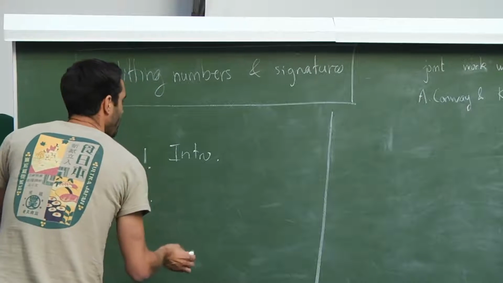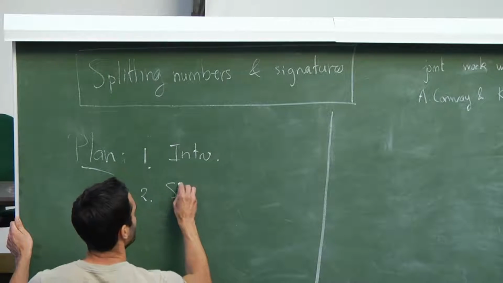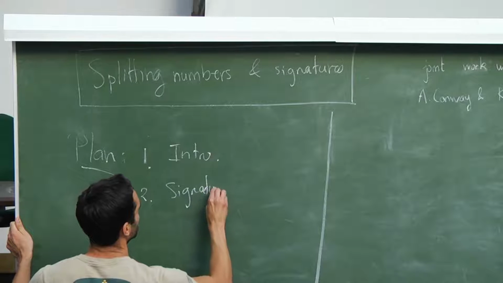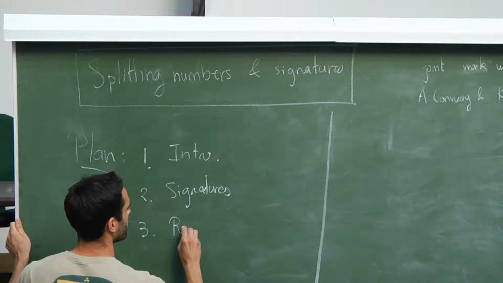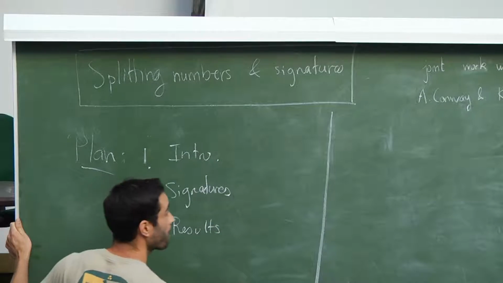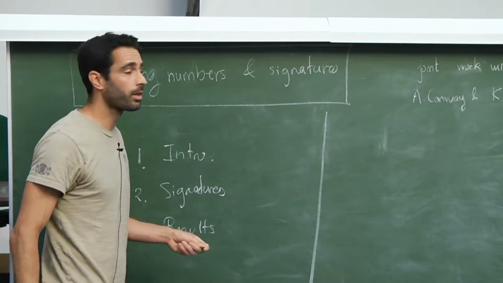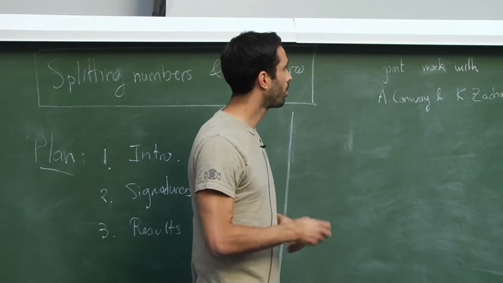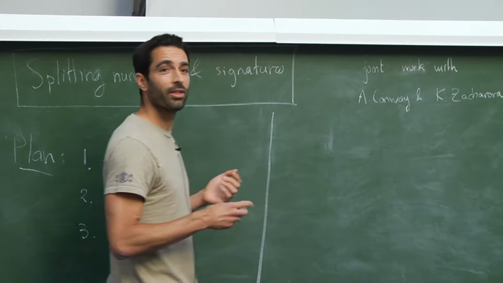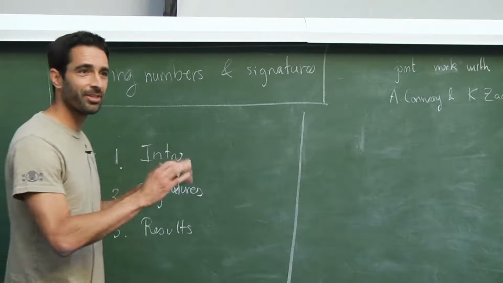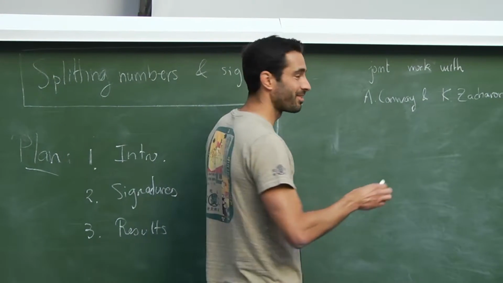Then second, I will introduce the main tools we will use here. In the third part, I will give my results, our results, because it's joint work with Anthony Conway and Cleopatra Zakharova. And Anthony Conway has got nothing to do with John Conway, unfortunately, but he's a very, very bright grad student.